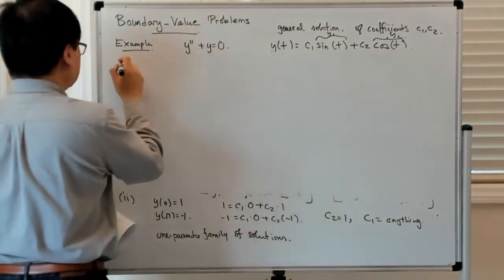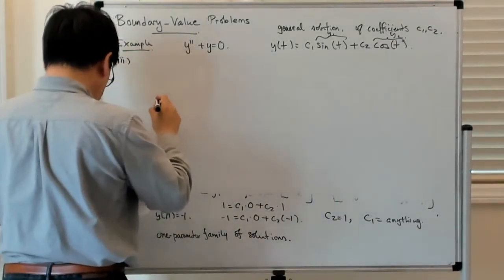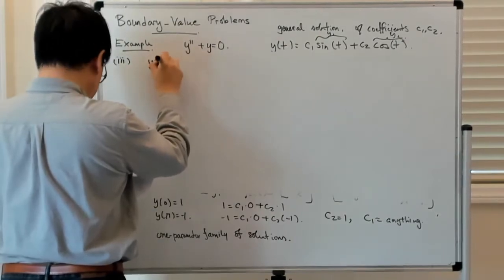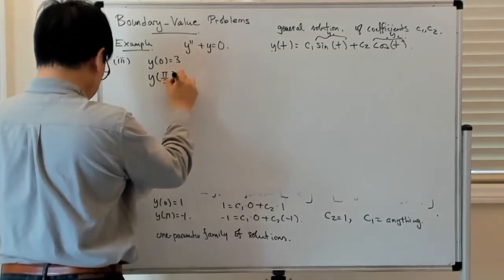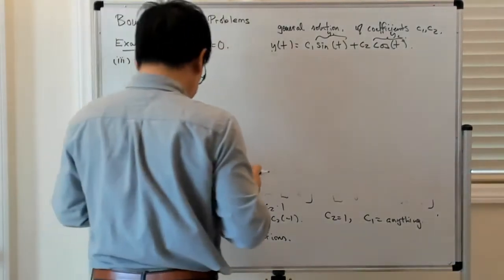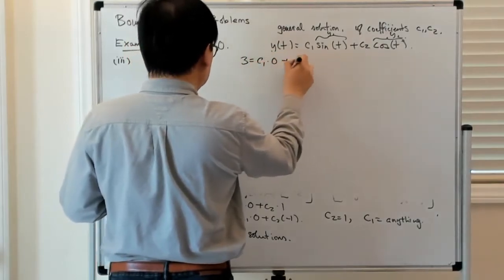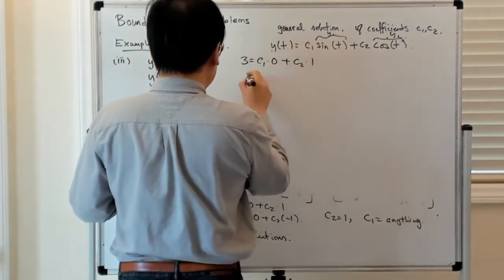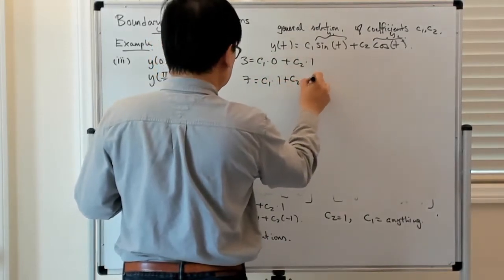Okay, let's look at this third case. Let's say I have y at 0 equal to 3, and y at pi over 2 equal to 7. This gives you the equations 3 equals c1 times 0 plus c2 times 1, and 7 equals c1 times 1 plus c2 times 0.